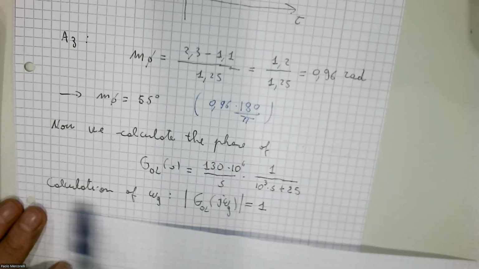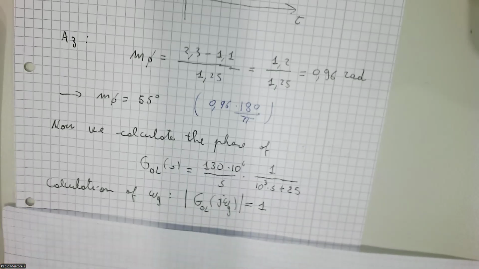This is what we have at this moment. Look, calculating omega g, this critical frequency of omega, in which the amplitude is equal 1. Should I repeat the theoretical part of this? Should I show you why it's important to understand a little bit these phase margins?